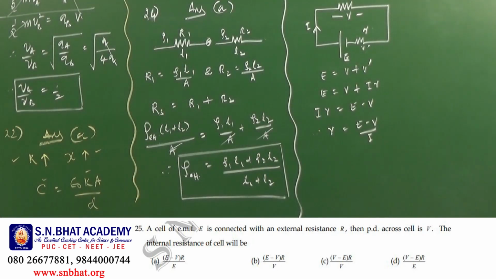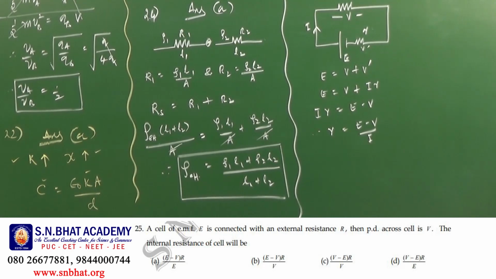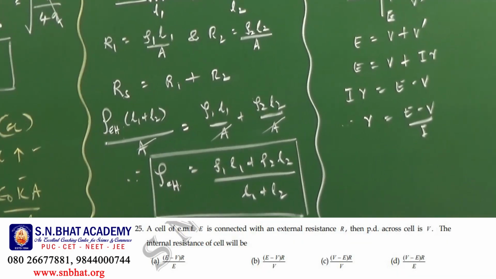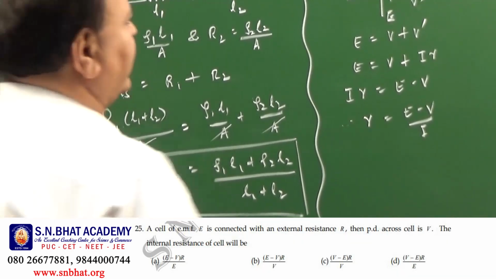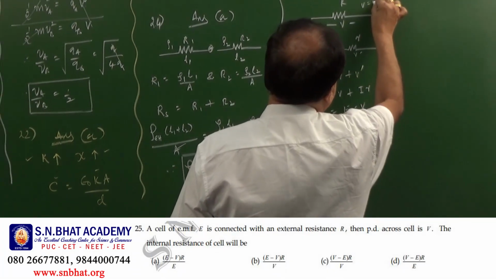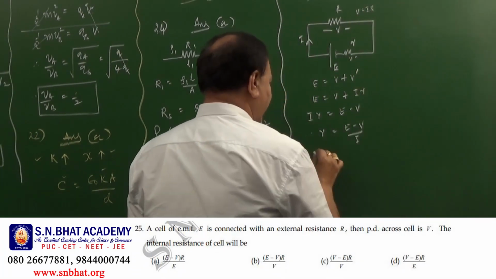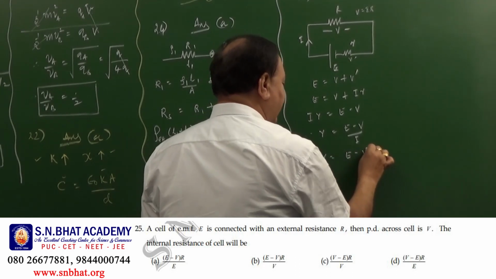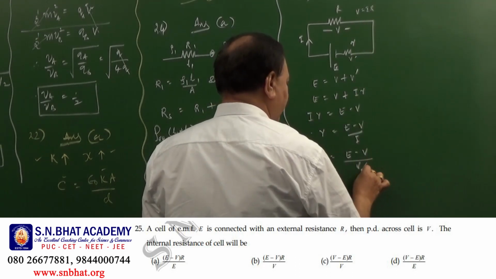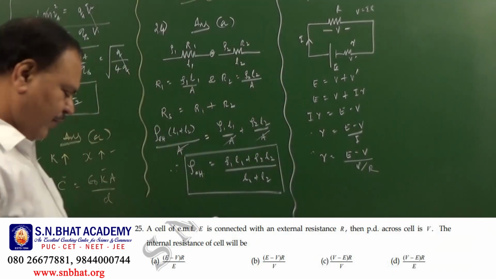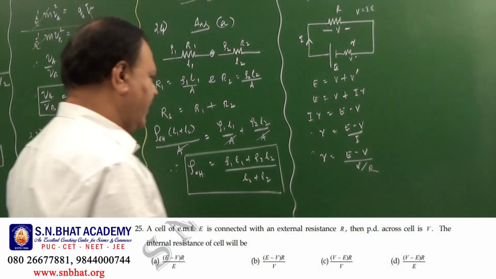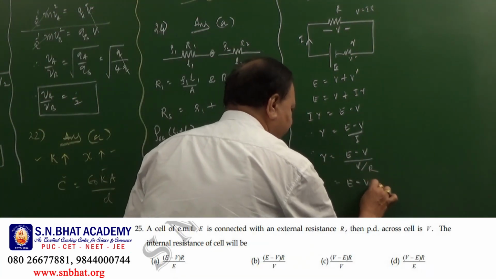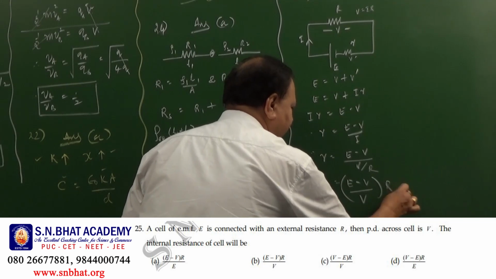Now you look at the various things that he has given. His problem is, what is the value of the internal resistance? The internal resistance r is equal to (E minus V) by I, and in this formula you know that V is equal to I into R. Therefore, to adjust for the various alternatives he has given, I is equal to V by R. Now you work it out and you will get the value equal to (E minus V) by V, and this R comes to the numerator.